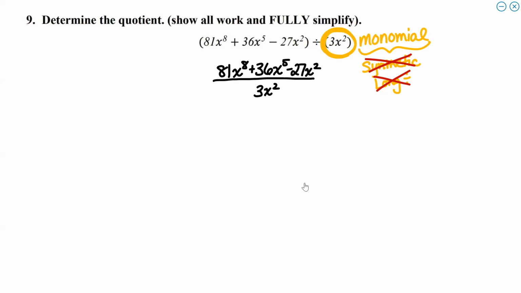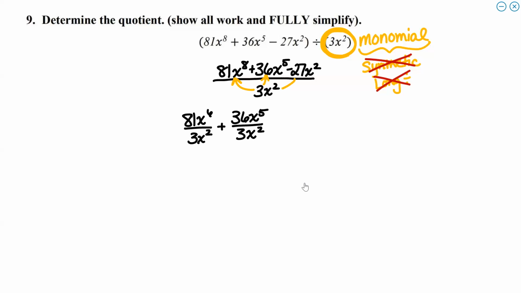I'm going to distribute this division to each term. Since I'm just dividing it by one thing, I'm going to distribute here. And so I would have 81x to the 8th over 3x squared. I'm going to distribute it here. So I would have plus 36x to the 5th over 3x squared. Have I distributed to every term in my numerator?